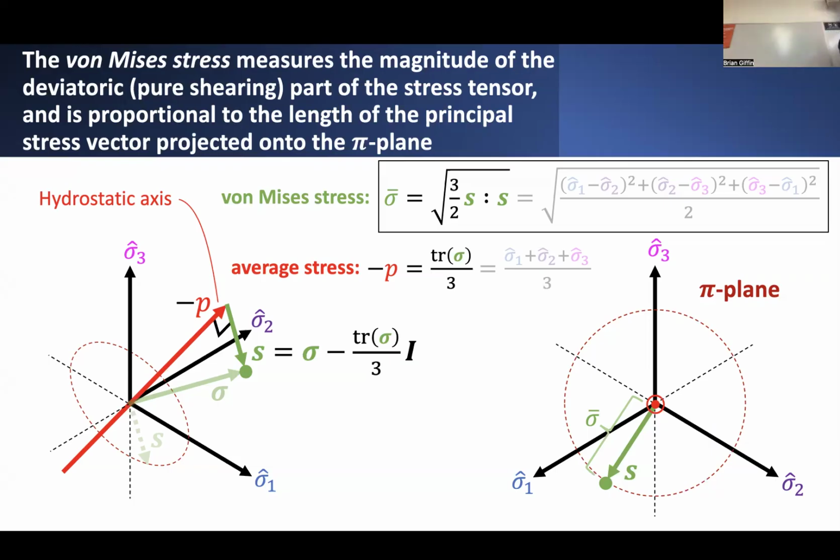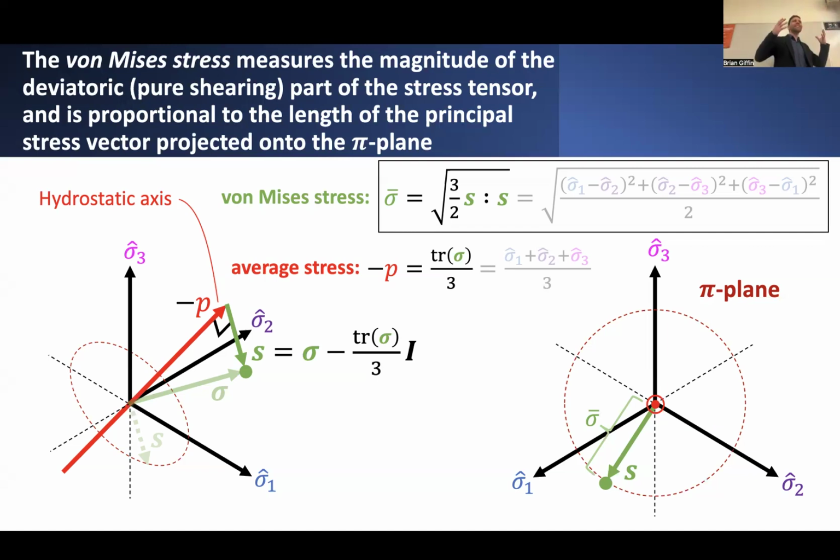Now, remember, any stress tensor can itself be decomposed into 2 parts: a part that involves just pure hydrostatic pressure, and a part that corresponds to pure distortional or shearing stress in the material. So P, the pressure or the average stress, and S, the deviatoric stress.